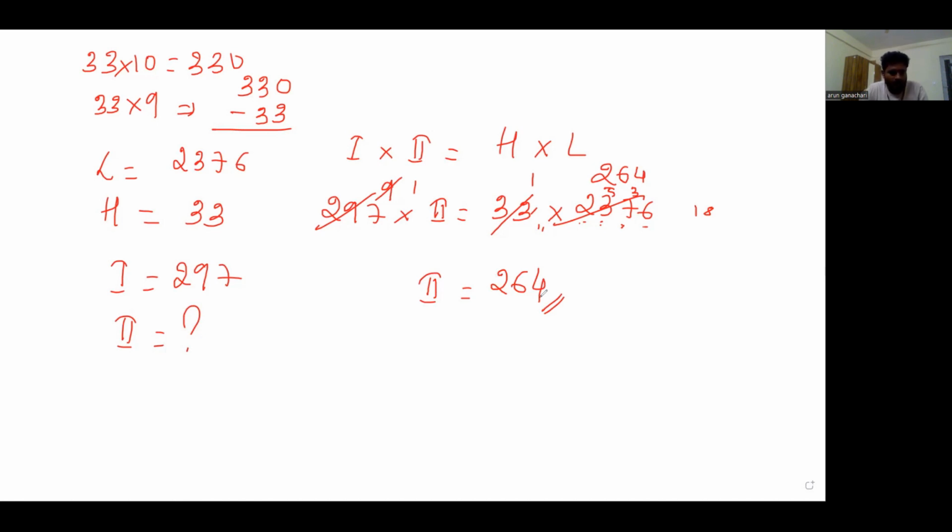Now let us move to one more very simple sum. Write on next.